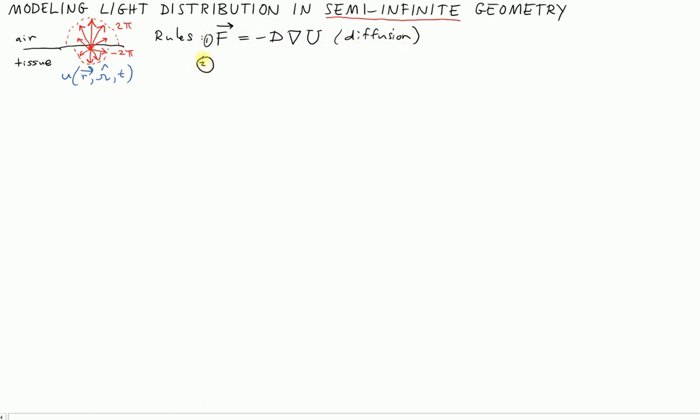Our second rule is that if we integrate over all the downward going light, I'm going to write that very conceptually. If we integrate over that negative 2 pi direction, and we integrate over all the values of this energy density per unit steradian, u, and we associate each one of these arrows with an amount u in that direction. So I'm going to just write the angular dependence.